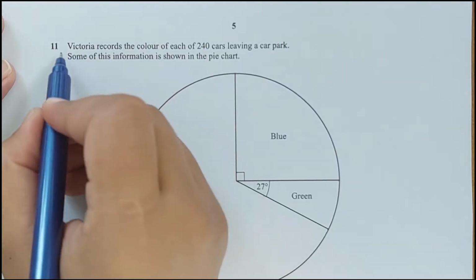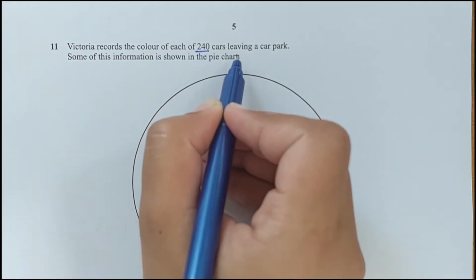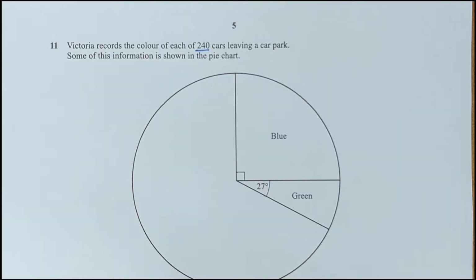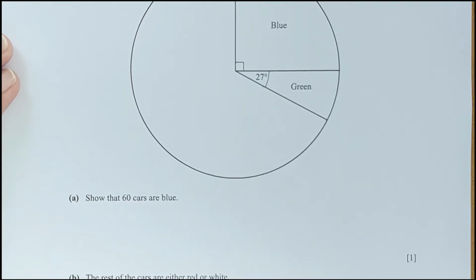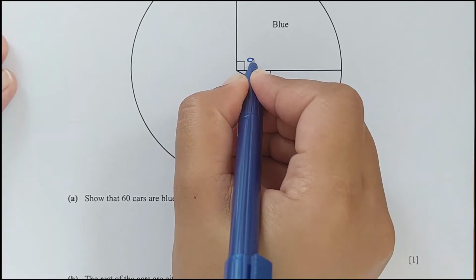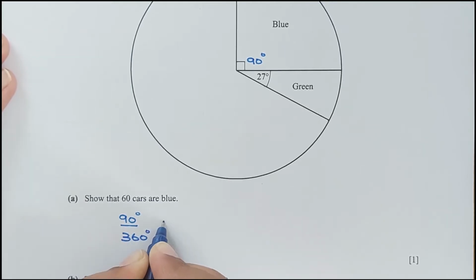Question number 11. Victoria records the color of each of 240 cars leaving a car park. Some of this information is shown in the pie chart. Okay, blue, green. Part A. Show that 60 cars are blue. So the blue cars are 90 degrees. 90 degrees out of the total 360 degrees, multiplied by the total cars, which are 240.